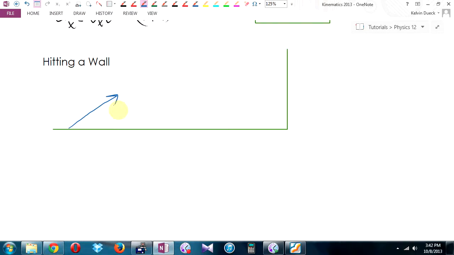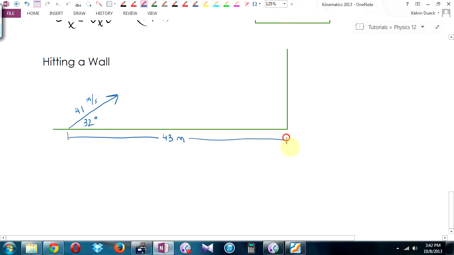Let's make this angle 32 degrees. Let's make it 41 meters per second. And supposing I told you that this distance here was 43 meters, and I told you that it's hitting the wall.